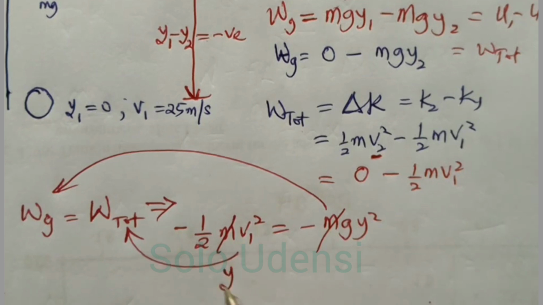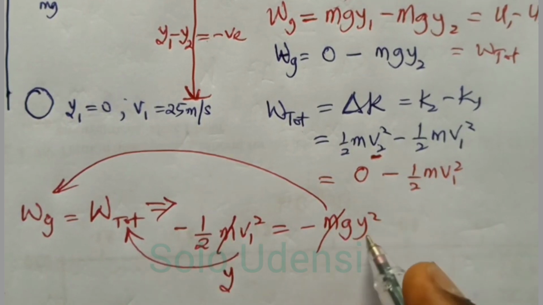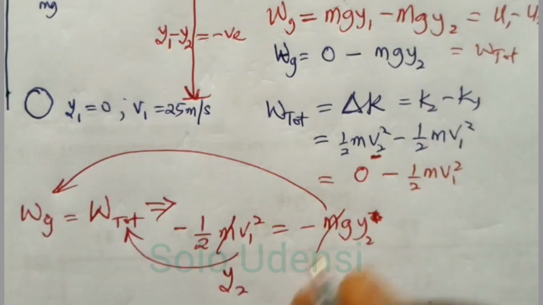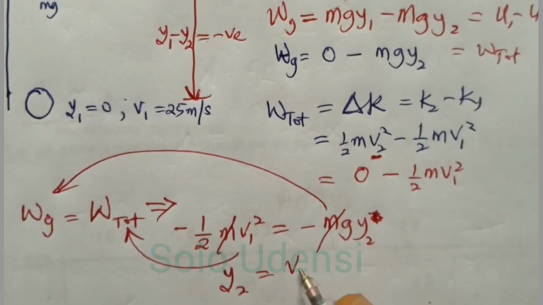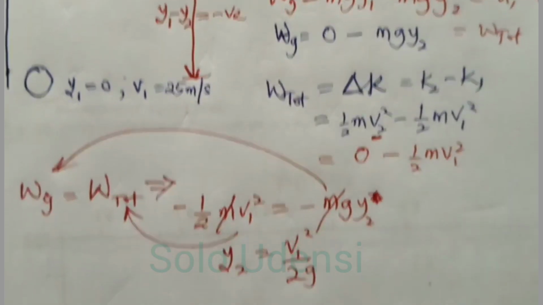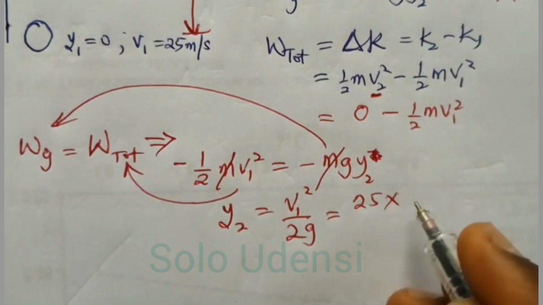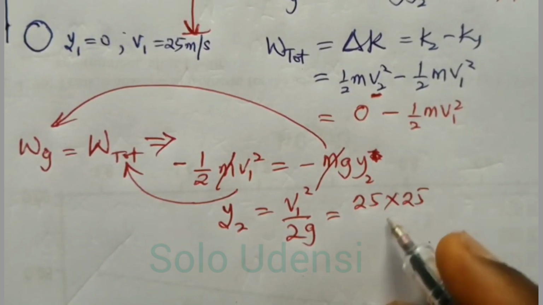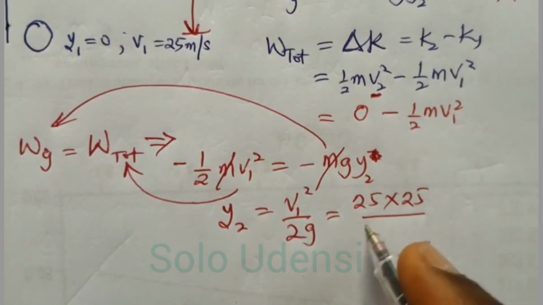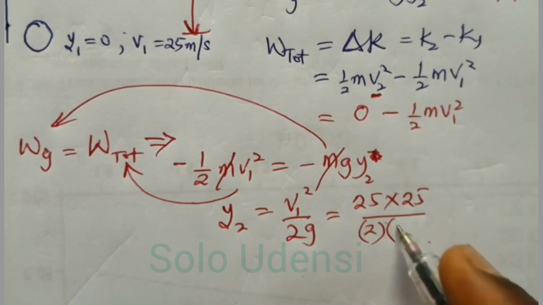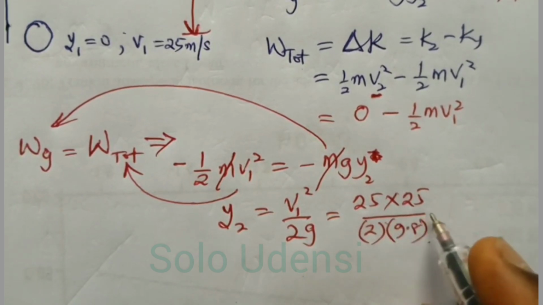You have that y2 is equal to v1 squared over 2g, and that is 25 times 25 all over 2 times 9.8 meters per second squared.